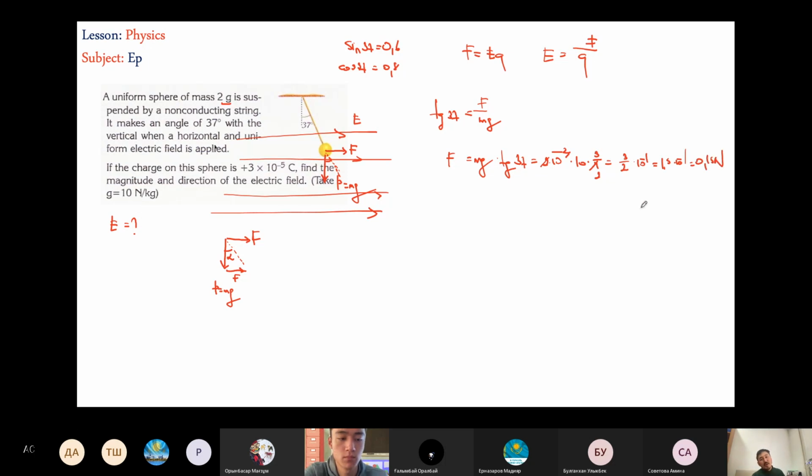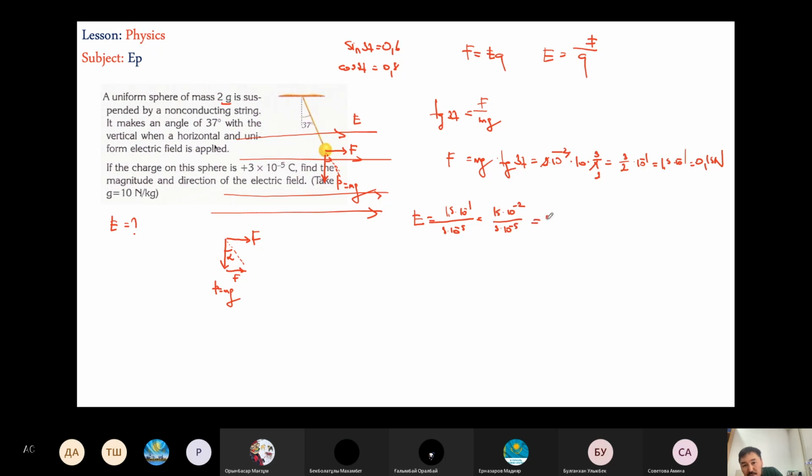I have the force. Now, in order to find the electric field, of course, the electric field will be equal 1.5, that's force, times 10 to the power of minus 1, divided by 3 times 10 to the power of minus 5. Or if you wish, I can write it as 15 times 10 to the power of minus 2, over 3 times 10 to the power of minus 5.